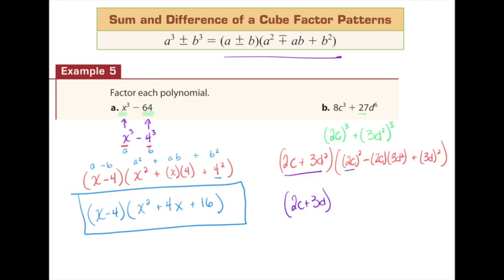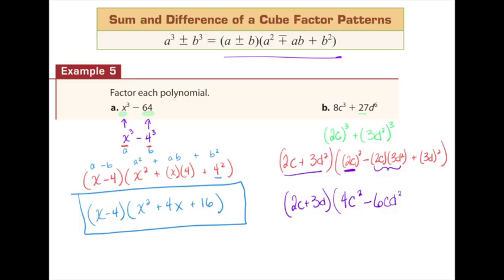I want to simplify this. What happens if I square that? Well, 2 squared is 4, and of course, c squared. Minus, I want to simplify this: 2 times 3 is 6, and then I just have c and d squared.